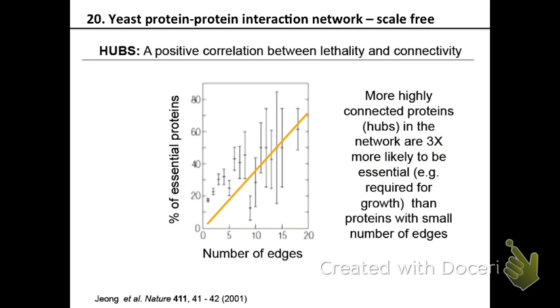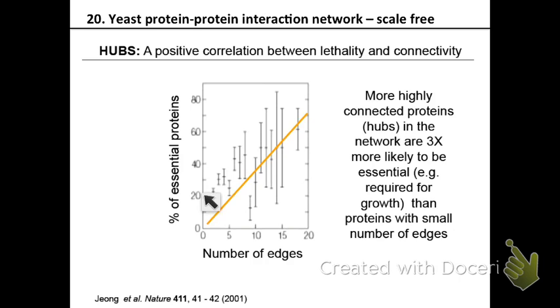And they did that by making this plot. They counted each gene, each node, and asked how many edges that gene has. So on the x-axis you have the number of edges.